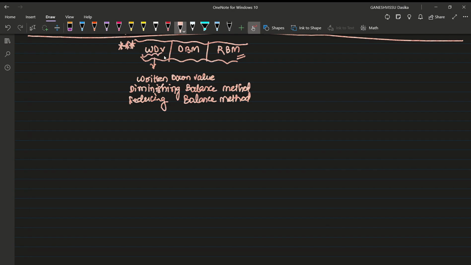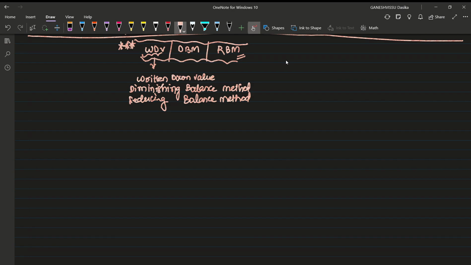If not, it will be the straight line method, or SLM. So now we shall see how depreciation is charged on machinery, or on the tangible fixed assets which we have seen. Let us compare.